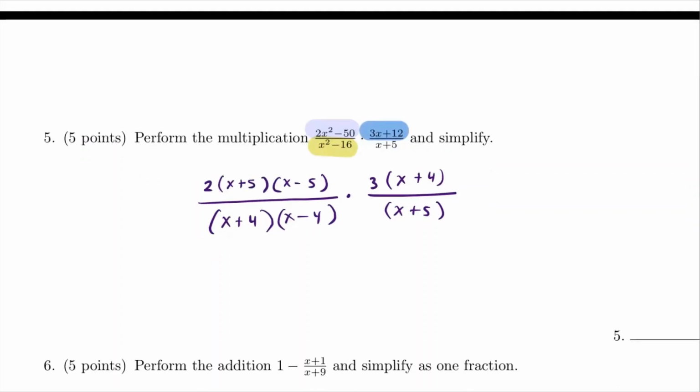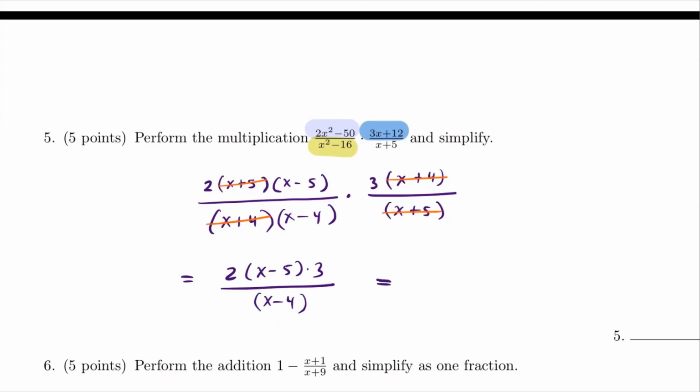Now here we can start canceling common factors. I see that I can cancel out x plus 5 with x plus 5, and then x plus 4 with x plus 4. And nothing else cancels, we're just going to rewrite them. So you have 2 times x minus 5 times the 3 over x minus 4.